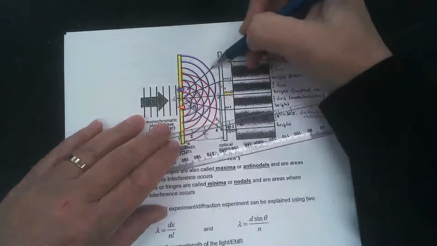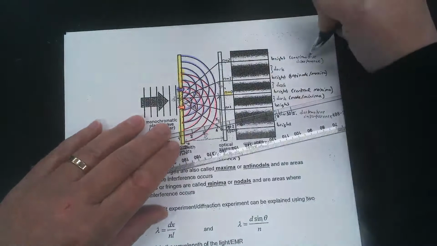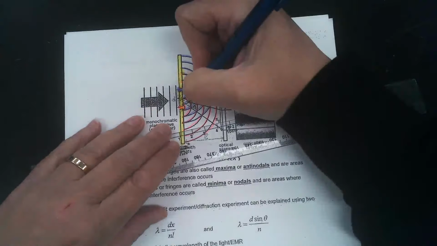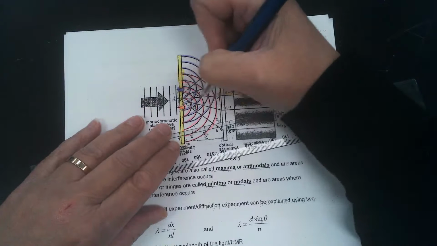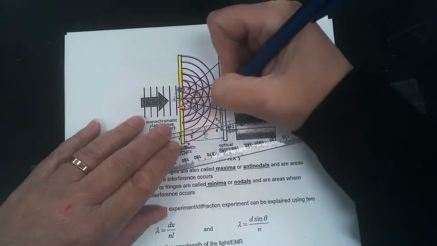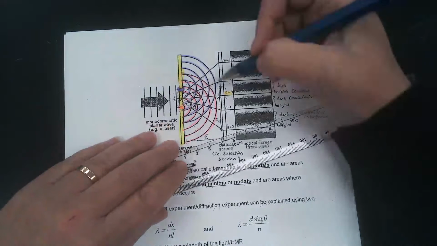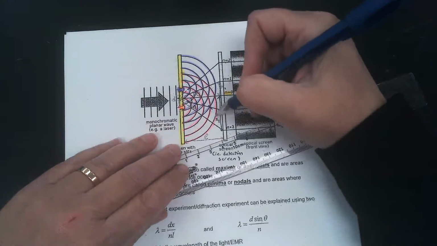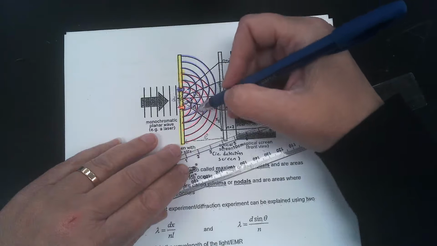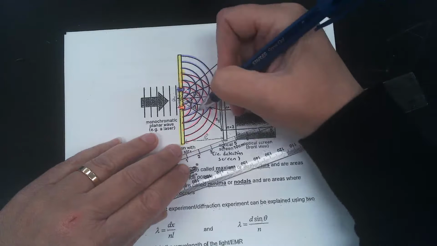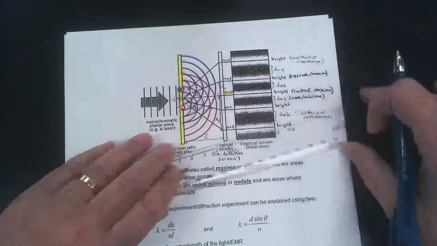And what we see at these points is a bright band, constructive interference. Same thing here, crossing here, crossing there, crossing there. We see a bright band. The dark bands come where there's no interference happening. There isn't an amplification of the wave coming through.